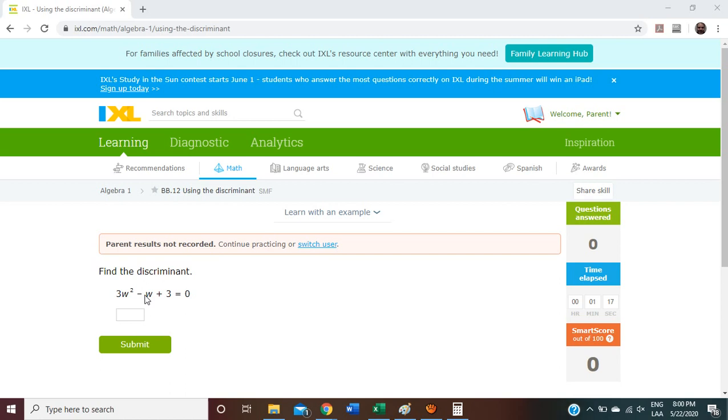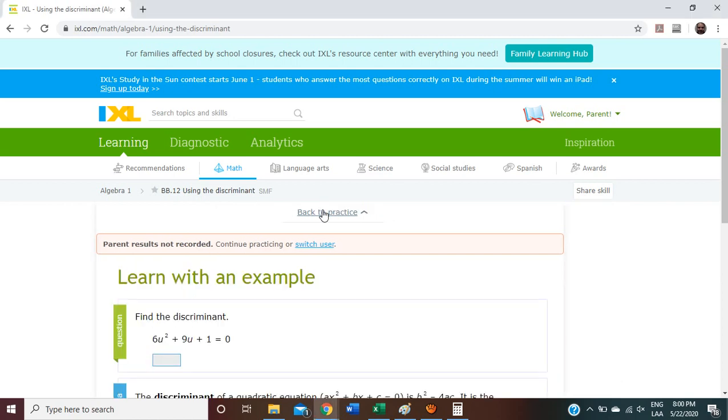How do we know when our function has one, two, or no possible answers?